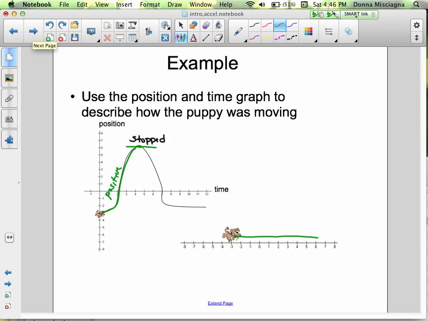Right, so he moves in the positive direction, and then the dog turns around, right? So it stops and turns around. Right, and then the dog starts to move in a negative direction.